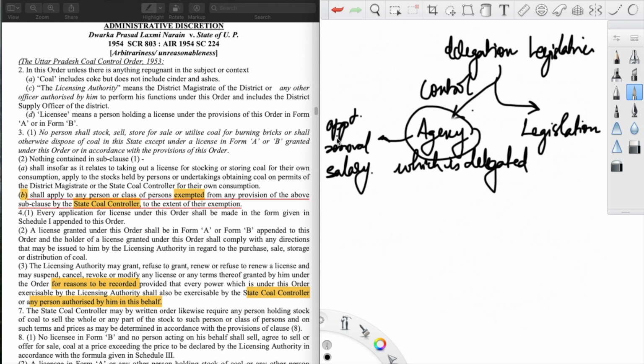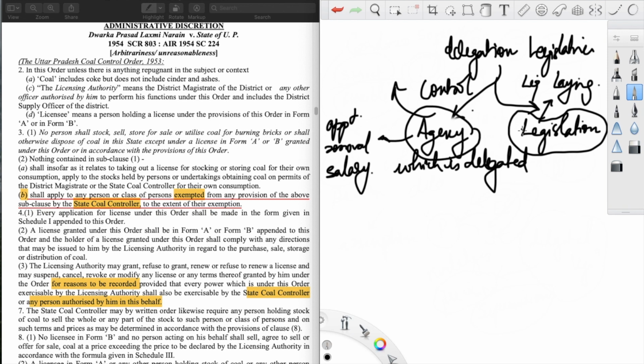Such aspects, if they are controlled, then it is the control of the agency. Now, control of legislation, we discussed one of the requirements as to legislative control, which is the requirement of laying.